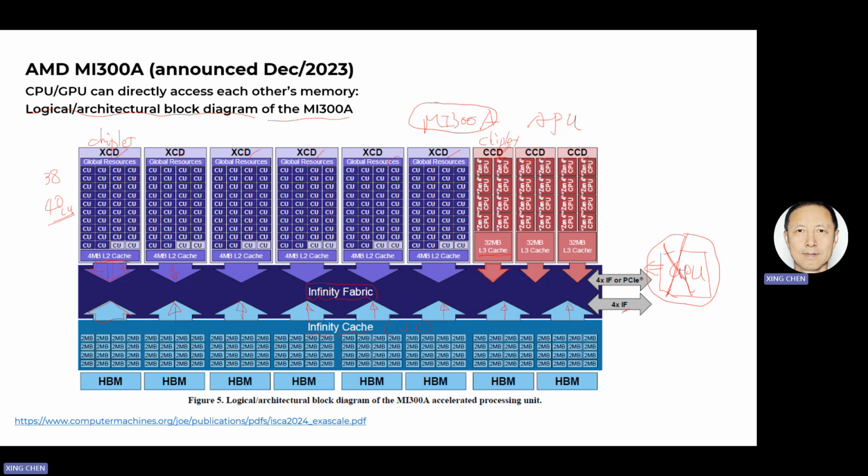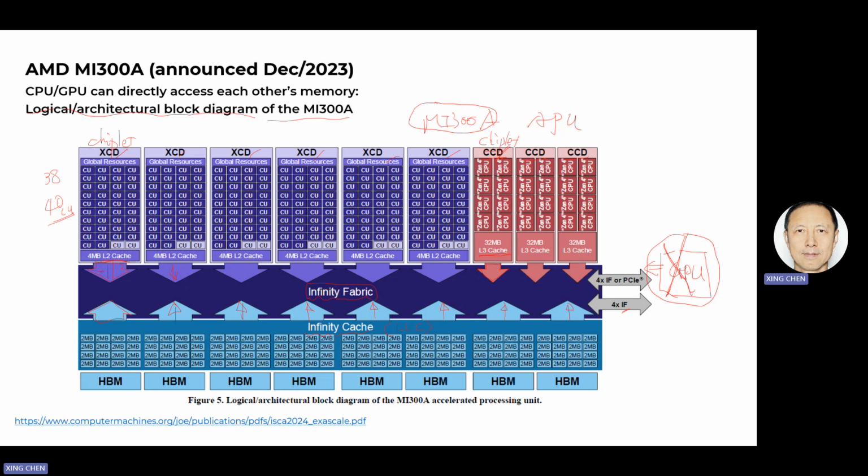This is the key difference, and this is a very, very important evolution. Maybe we can claim this is a kind of revolution. Even if it's not a revolution, it's a very important technical evolution because the key point is that the GPU has been brought into the center of the system.